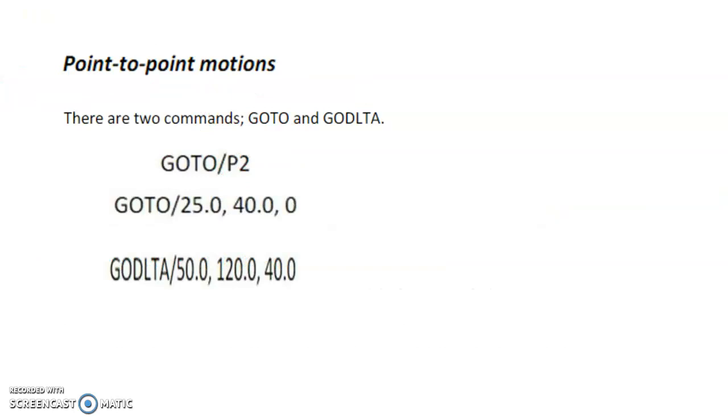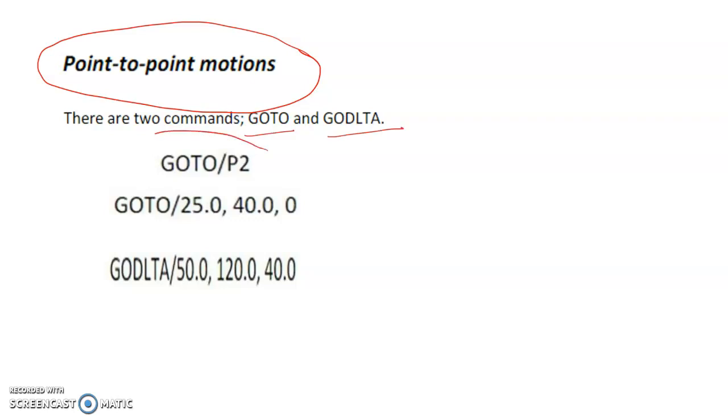There are two kinds of motions under consideration in APT. One is point-to-point motions, especially in drilling operations, etc. There we have to mention the point-to-point command only, using two types of commands: one is GOTO, another one is GODLTA. GOTO is already explained: from the current point to the next point.